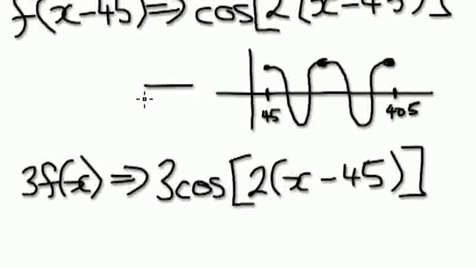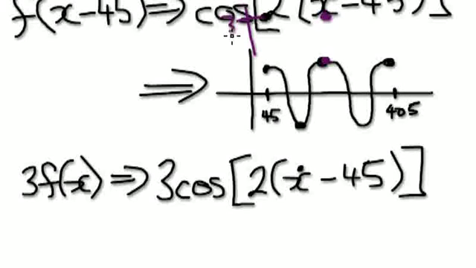So looking at this graph here, it was 1 here. Now it's going to get moved up to 3. It was 1 here, moved up to 3. Negative 1 here. Well, negative 1 times 3 would take us to negative 3. So basically, our new graph would look like this. Hang on, this was 1 here, and when you times 3, it would take you to 3.